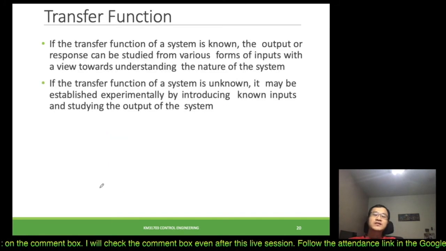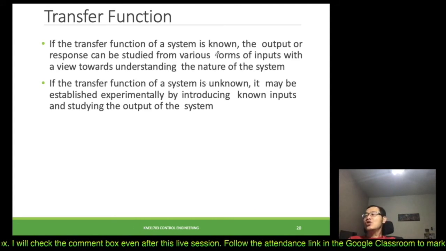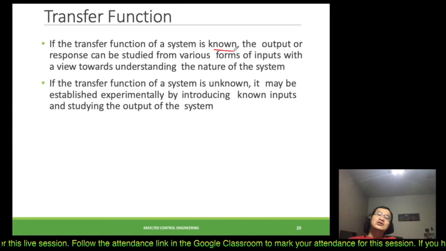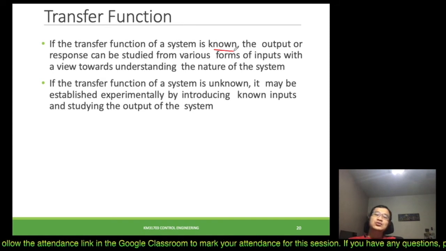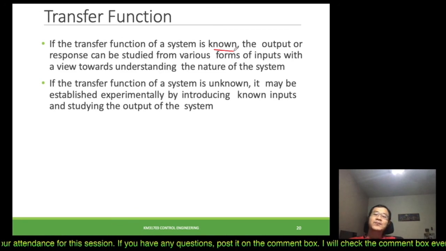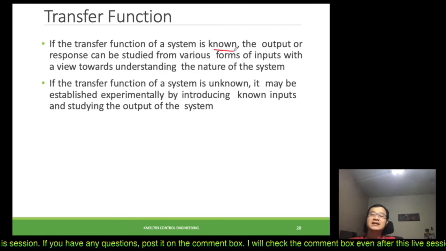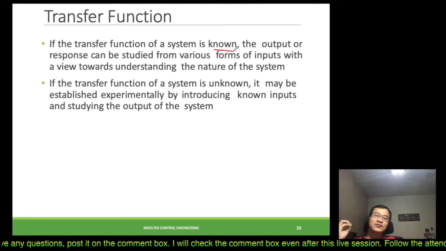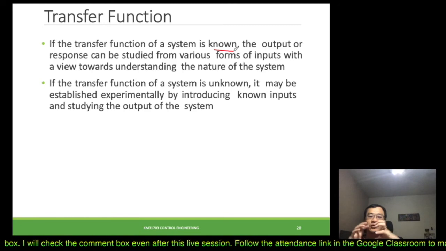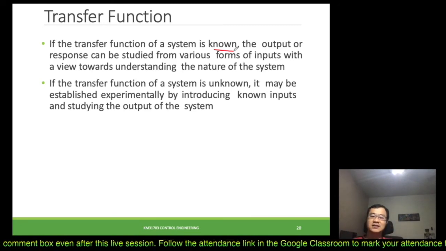If the transfer function of the system is known, then you will be able to study the output from different inputs. Just like if you put in this input, what would be the output, if we already know the transfer function.